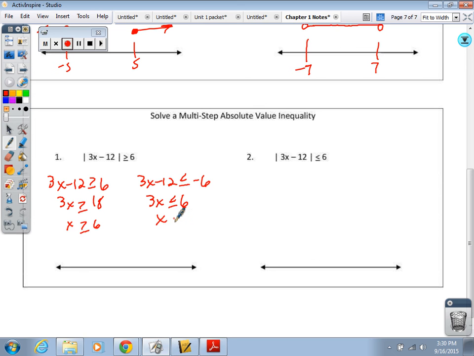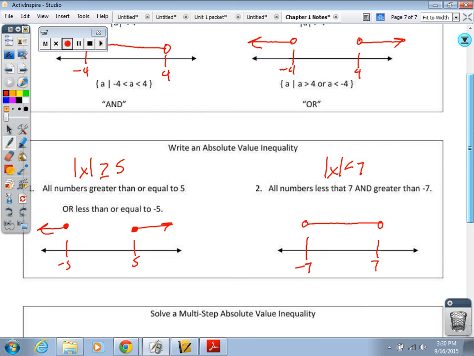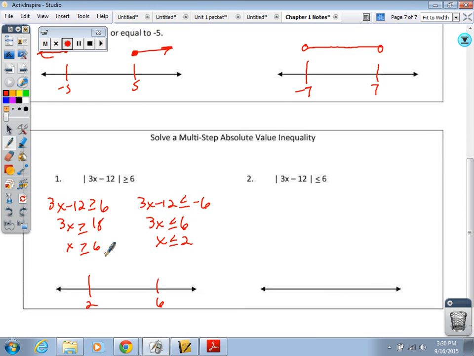So then x is less than or equal to 2. So let's do 2 and let's do 6. Now what we got to remember, it's greater than or equal to, which means it's an or problem, okay? And you don't need to do that because see, x is greater than or equal to 6, closed circle going that way. X is less than or equal to 2, closed circle going that way. So I didn't really need to look up at the notes, okay?